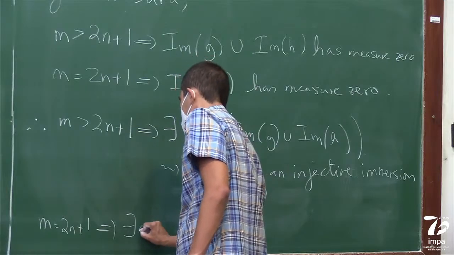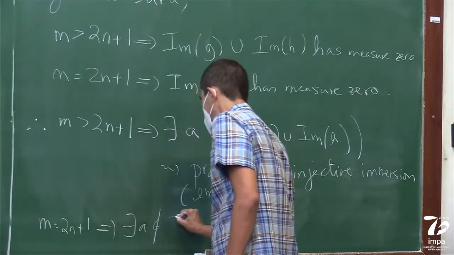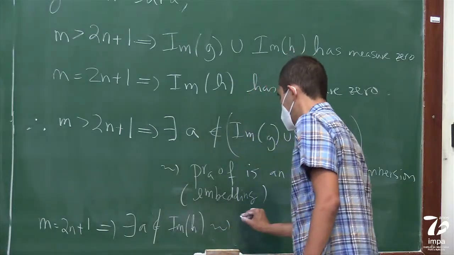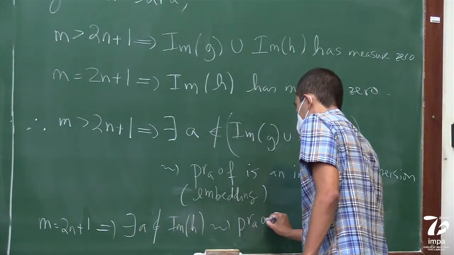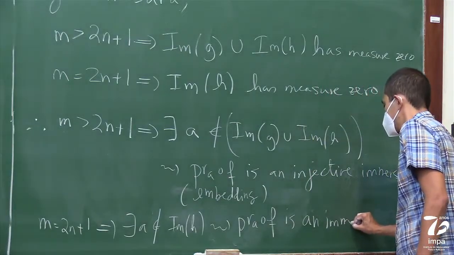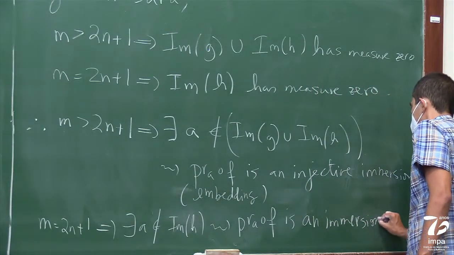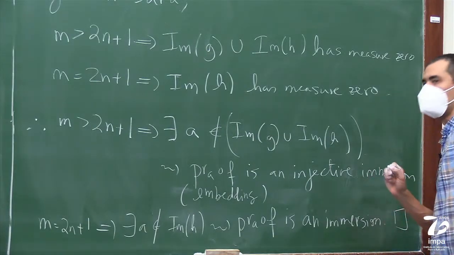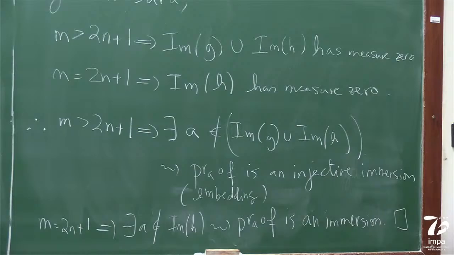Then there exists an A, which is not in the image of H. So PRA composed with F is an immersion. Okay? So that's the proof of the easy Whitney embedding theorem. Any questions?